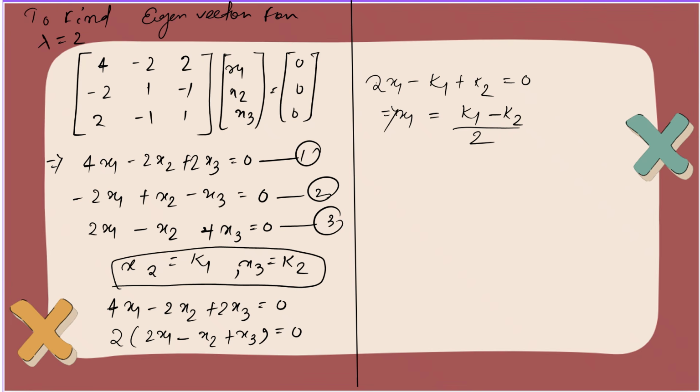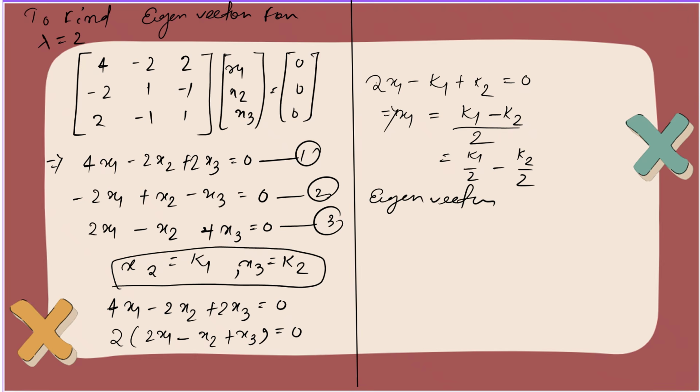Whatever it is, k1 minus k2 divided by 2, this is the x1 value. So you have to write this as k1 by 2 minus k2 by 2. So now you have to write the eigenvector.